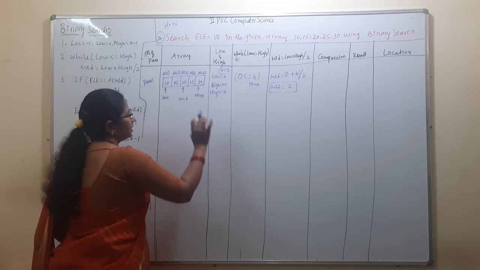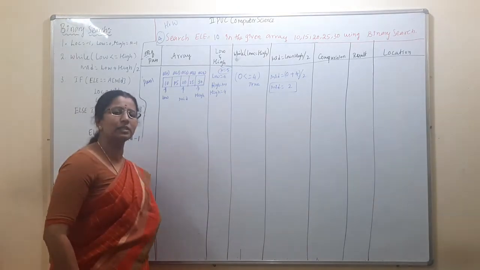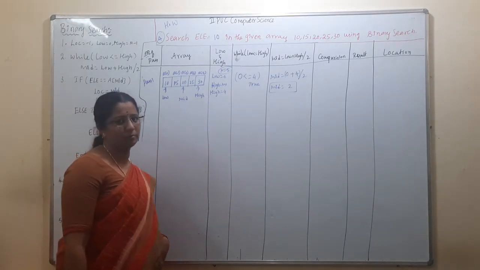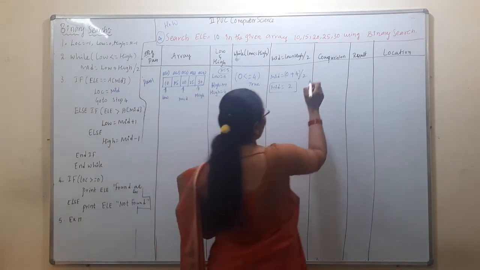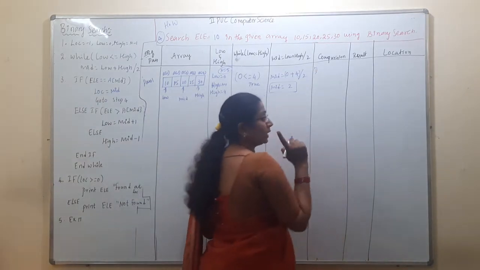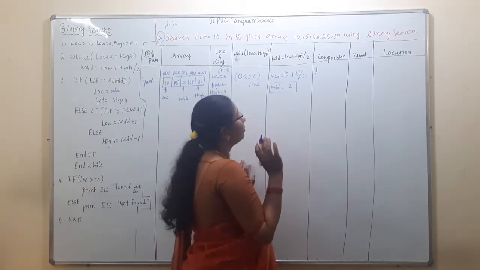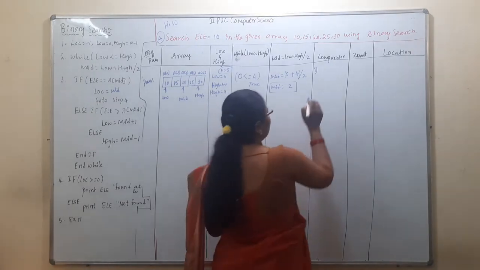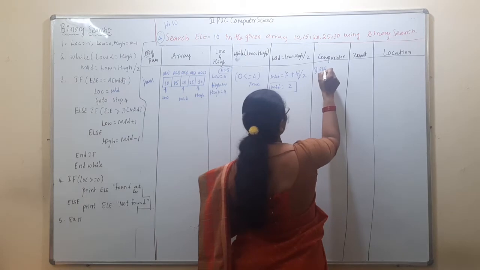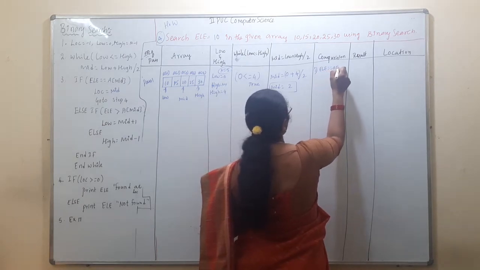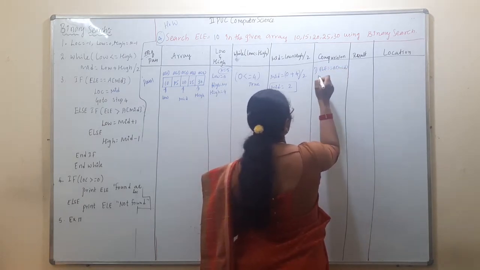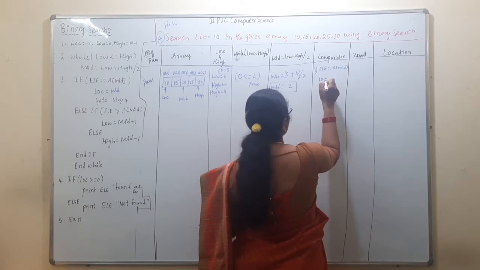I think this is the same. The first step is always the same for all the problems. Then comparison. But for the first element itself it was true, when my searching element at that time was 20. Now the searching element is compared with A of mid. What is the searching element? 10. Is it equal to A of mid?